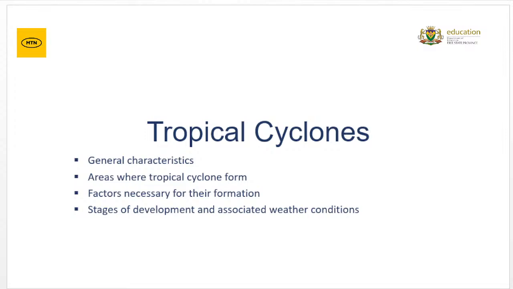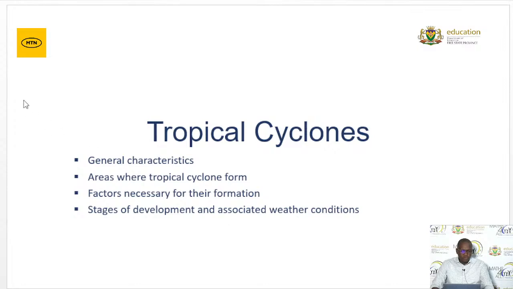That means I'm saying to you learners, in order for you to understand these two cyclones, you must compare them, because the one is developing on the west, the other on the east. So we must be able to compare the two cyclones so that we can have a clear understanding of these cyclones.